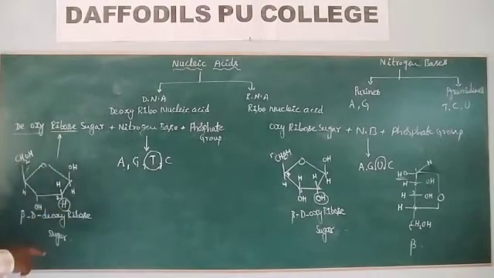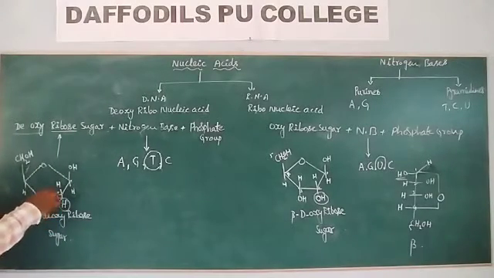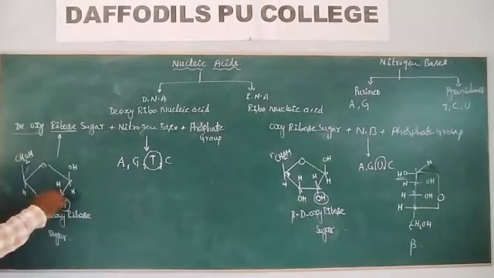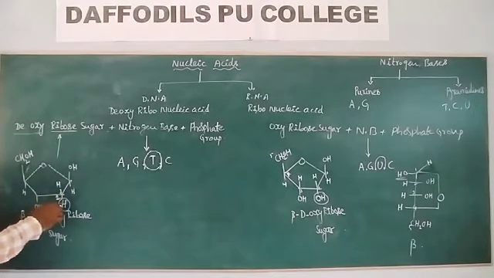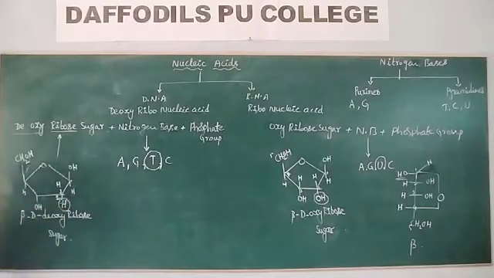deoxyribose sugar. Look at the configuration at the second carbon. At the second carbon, we are not seeing the OH group. The OH group is absent.